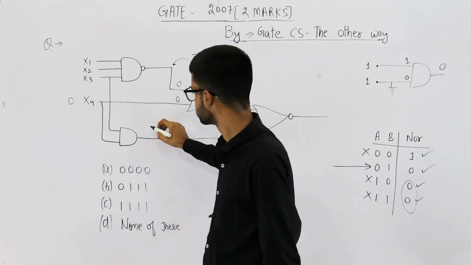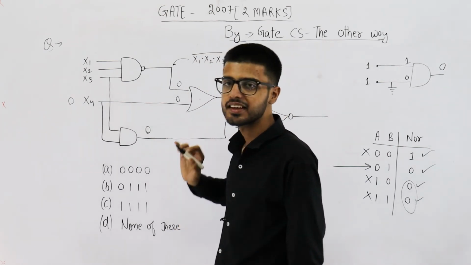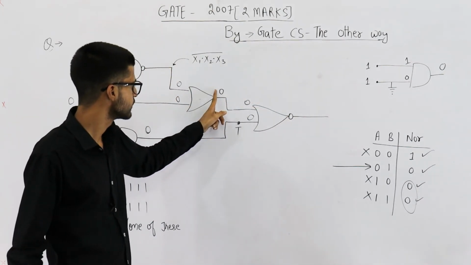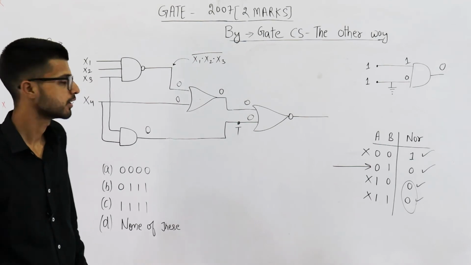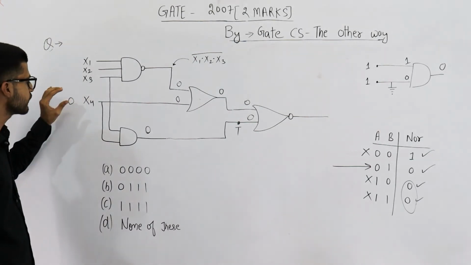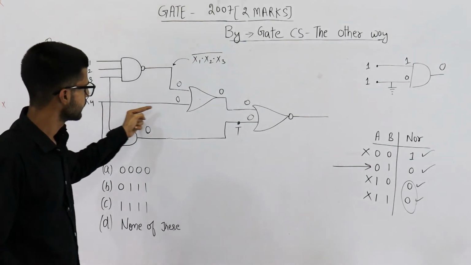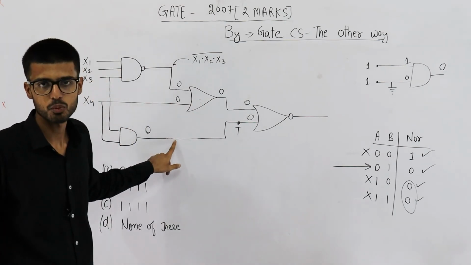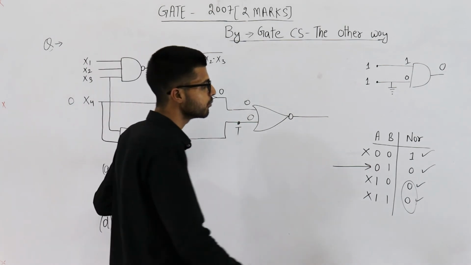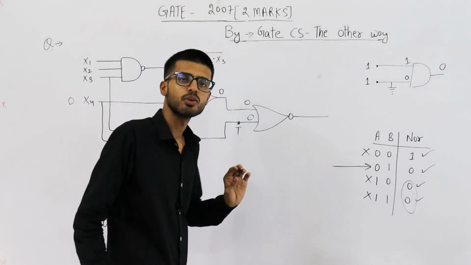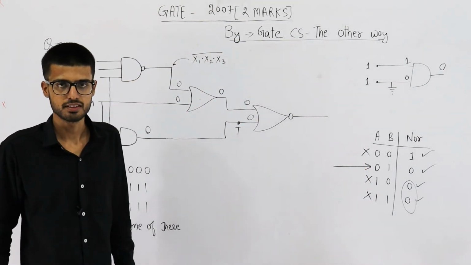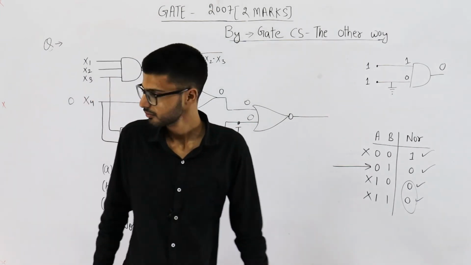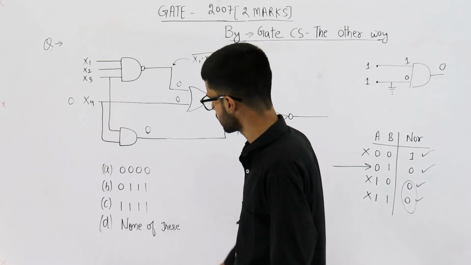Now you can see there is no possibility that I somehow get 0 here and a 1 here. Because x4, if it is 0, this one will certainly output 0. But we want a 1 here. So no such input values exist such that this fault can be tested. That means answer is none of these.